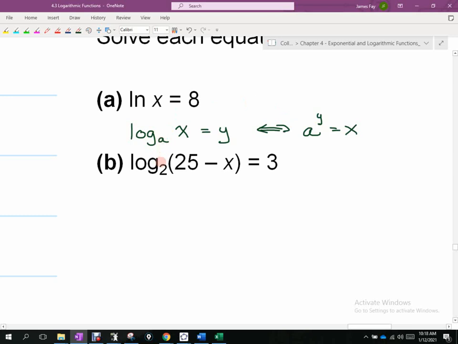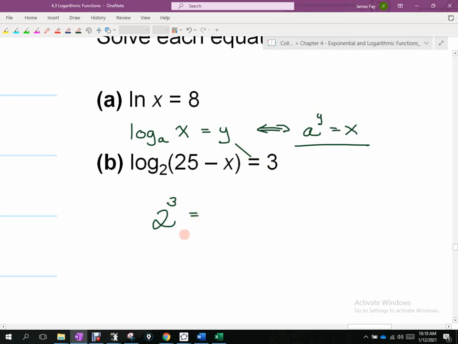So what we're going to do, especially with these equations, I like to write the version of the logarithm definition that I'm dealing with above or below the problem, so I can see what a is. My base is 2, right? So when I go into exponential, I know where that 2 should go in that format. a is going to be raised to the y, so my y matches up to the 3, correct?